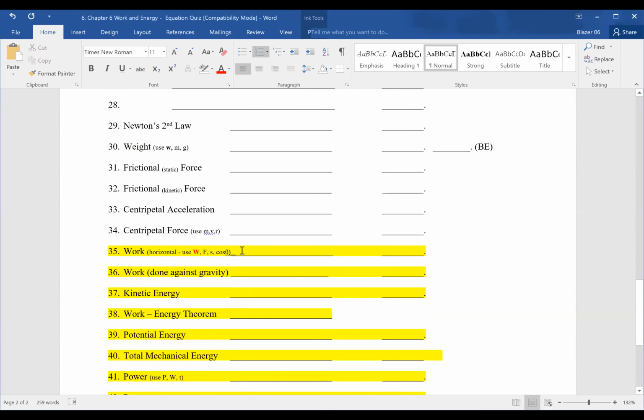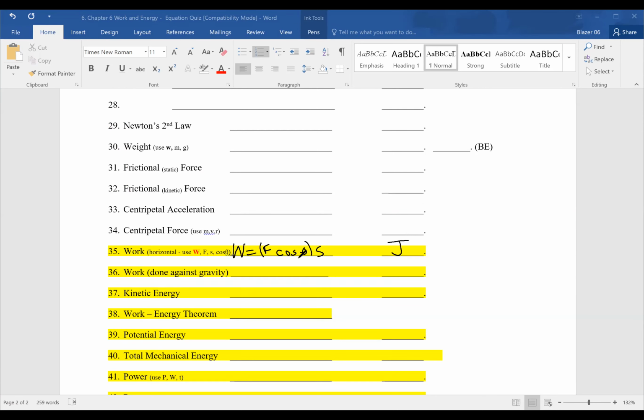Number 35 is where you're going to write your first equation. My equation says that work, uppercase W, equals F cosine of theta times S. And of course, the unit is the joule.